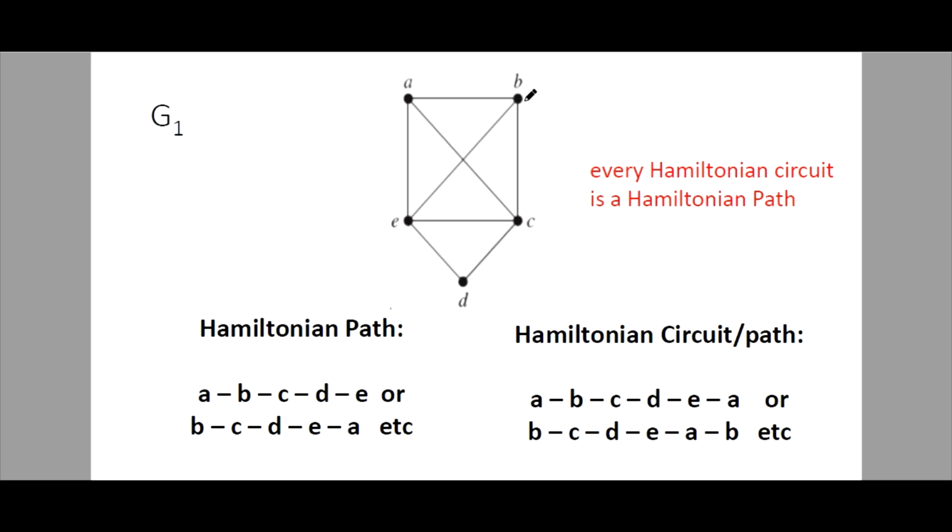So we have A, B, C, D, E. In order for this to become a circuit, we can just add A because we'll just go back to its starting point A. Similarly, for the second Hamiltonian path, we can just add again the starting point, which is B. Because take note, every Hamiltonian circuit is a Hamiltonian path. So this is a Hamiltonian circuit, and we can also treat this as a Hamiltonian path, a closed path.